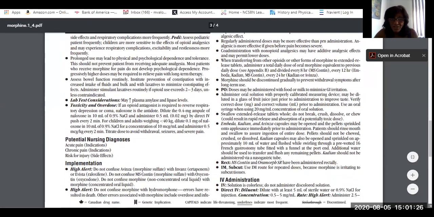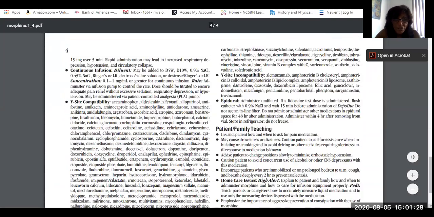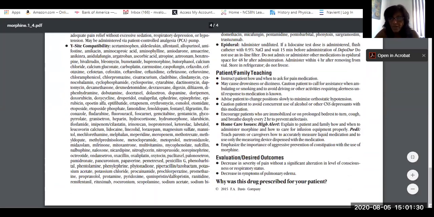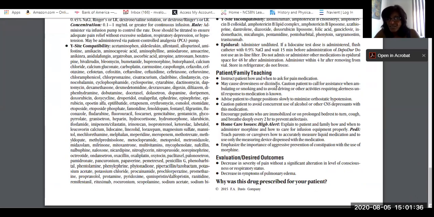And then patient education. Let's see, implementation, patient family teaching. There we go. So instruct them how to ask for it, of course, right? It can cause drowsiness or dizziness, right? Change position slowly. Don't drink alcohol, okay? Have them deep breathe so they don't get a problem with their lungs, right?